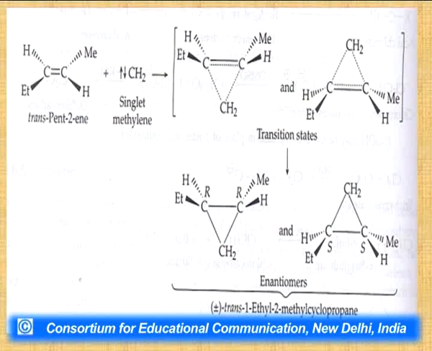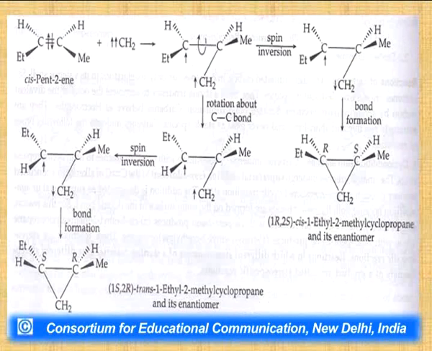In this case, because there is a syn addition, the product will be trans only, because the reacting material we are taking here is trans and the addition is by singlet methylene. So, the product will be trans-1-ethyl-2-methyl cyclopropane.